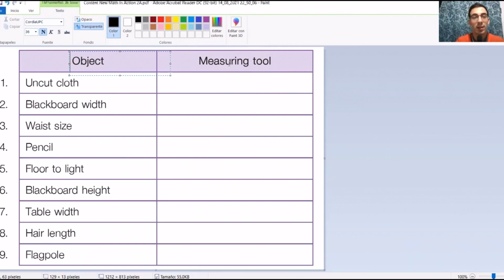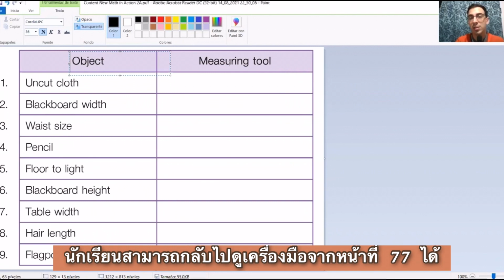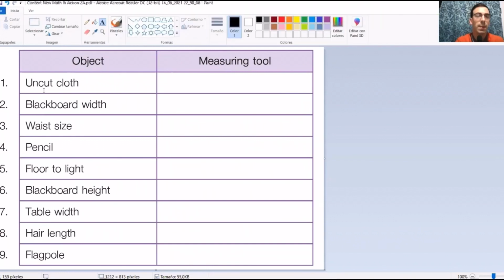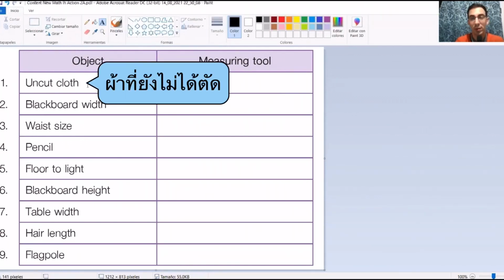You can check in your book, page number 77, what you are going to use. For example, uncut cloth. I will ask teacher James for help: every time I say a word, I want teacher James to write the subtitles down so the students can check the meaning and think by themselves what tool they should use.